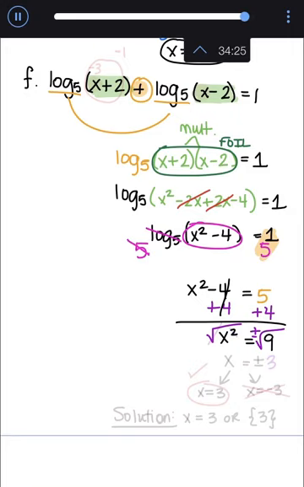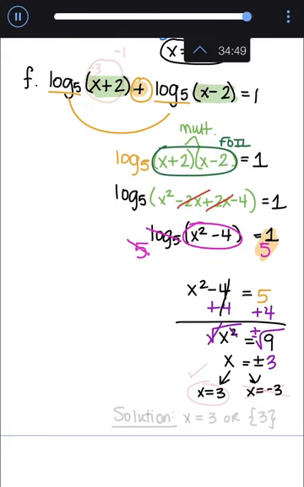That will get rid of my squared with the square root, leaving me with the x that was underneath. And that leaves me with plus or minus, well, the square root of 9 is 3. So it gets me 2 answers: x equals positive 3 and x equals negative 3.